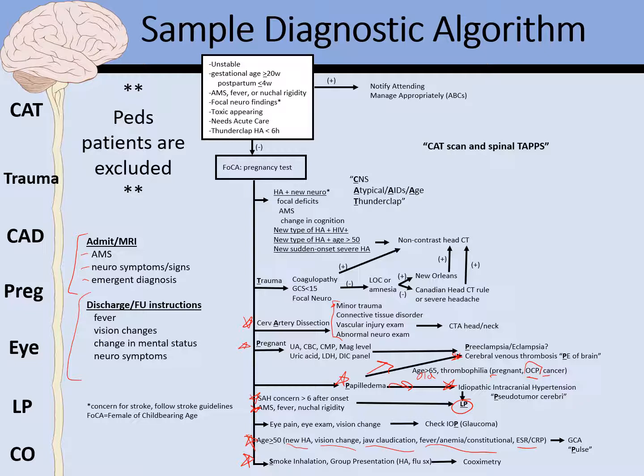The mnemonic I made for headaches is CAT scan and spinal taps, which is used for the differential and red flags. CAT are the indications for head CT. Spinal is for subarachnoid hemorrhage and meningitis, and it can also be used later to remember the indications for LP.